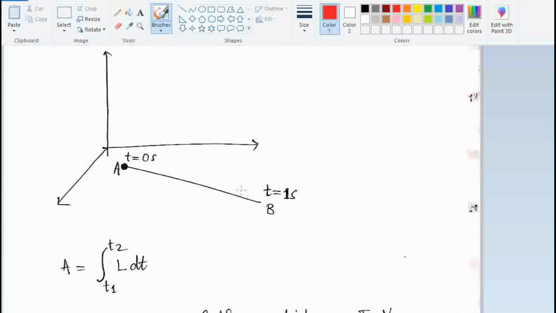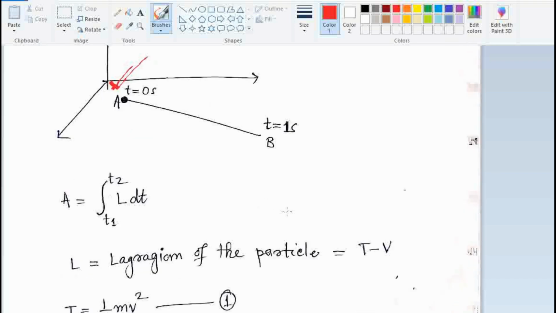Now let's suppose the particle is initially at a position A. This is the initial position A at time t equal to 0, and at time t equal to 1 second, the particle has reached this point B. So we are asked to find the action in this time interval A to B.